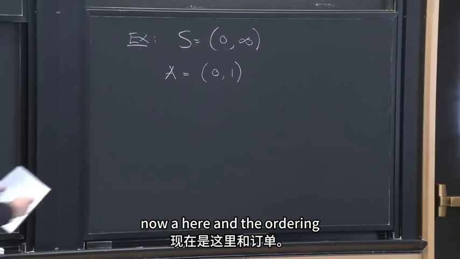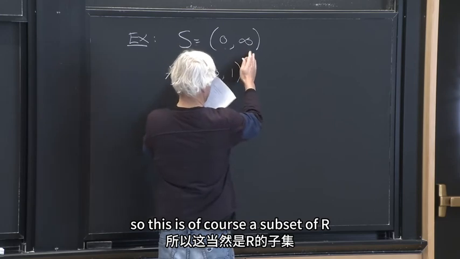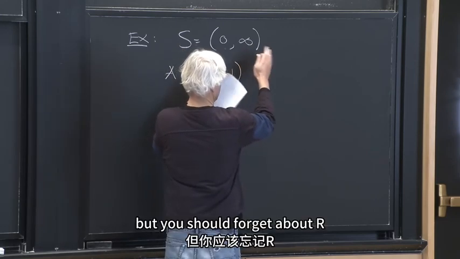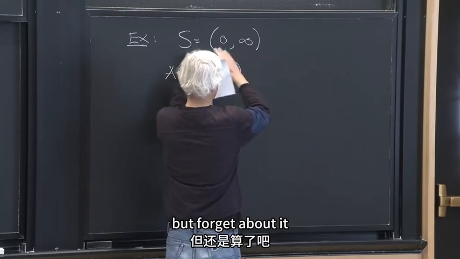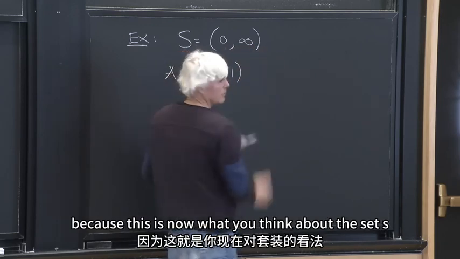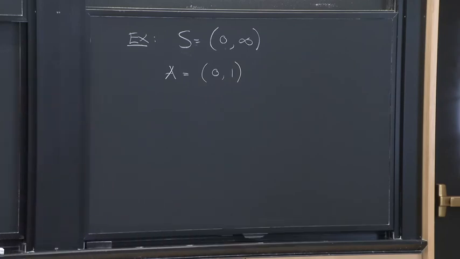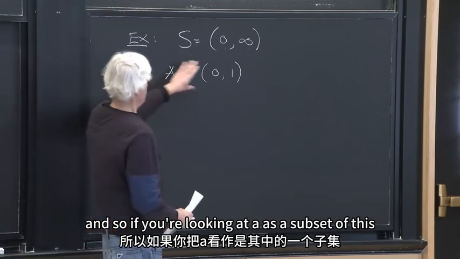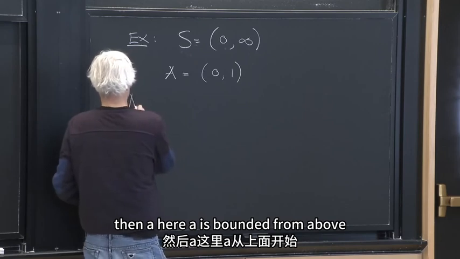Now A here and the ordering. This is of course a subset of R, but you should forget about R. I mean, you know the ordering from R, but forget about it, because now this is what you think about, the set S. And so if you're looking at A as a subset of this, then A is bounded from above.